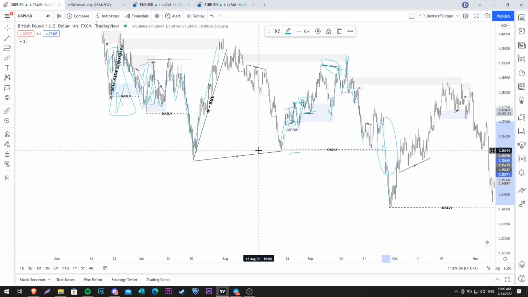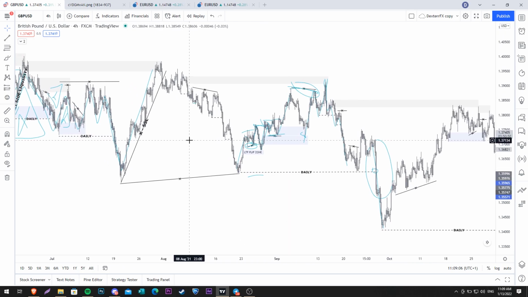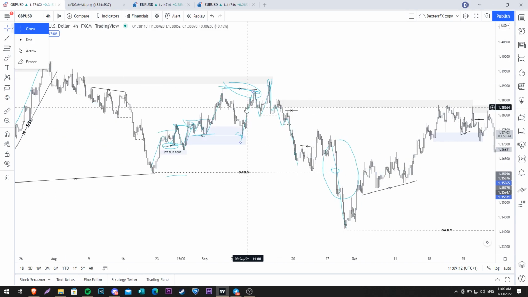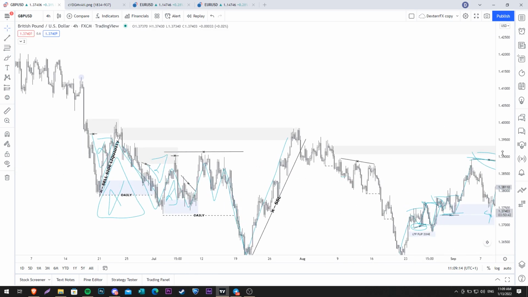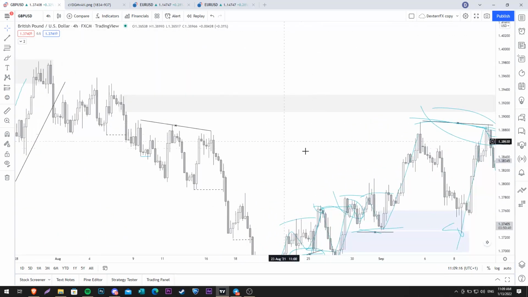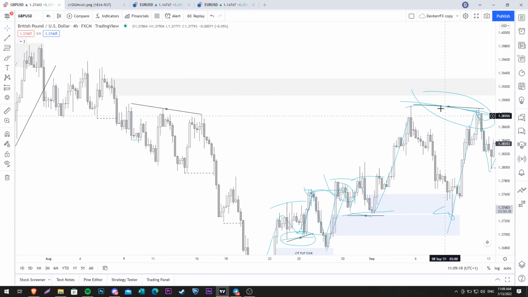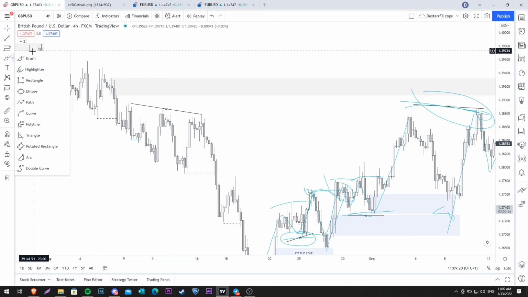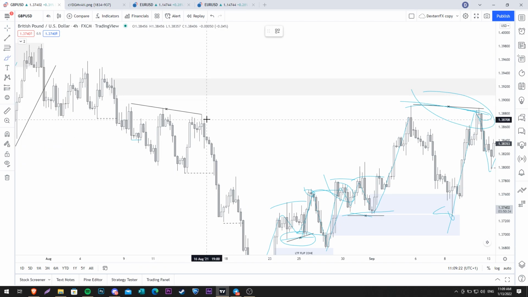You really have to understand those concepts and try to apply them to your chart, okay? There is no need to wait for a sweep. So if we are here, for example, and we don't see all of this stuff, we don't absolutely have to set a sell limit here and wait for the price to come back.